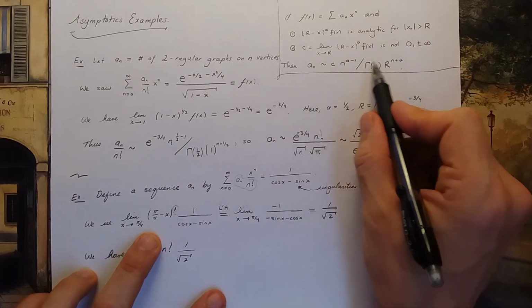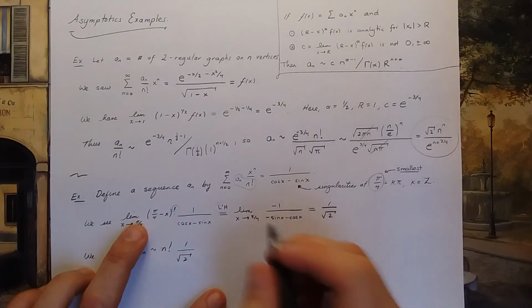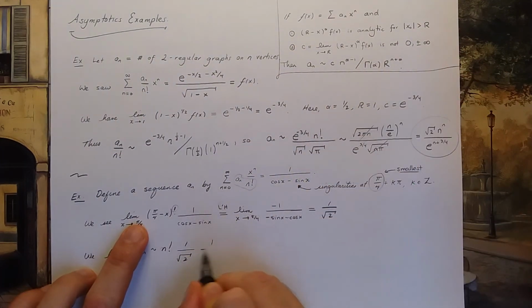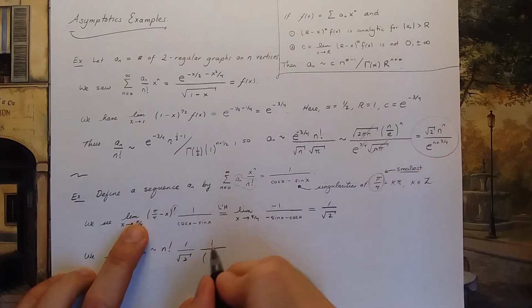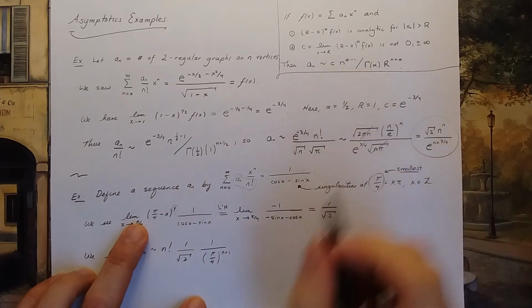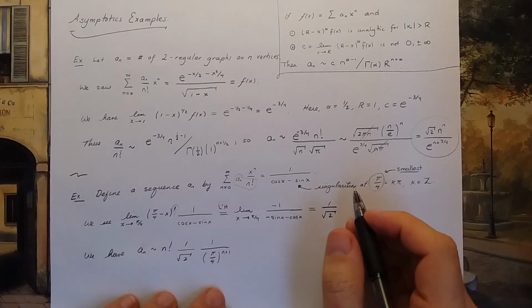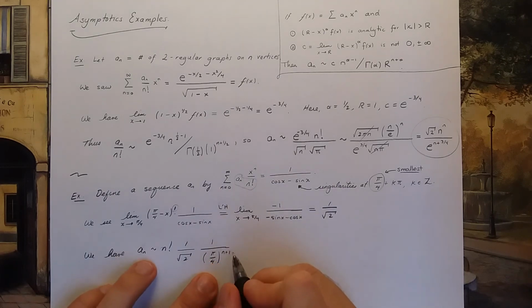I'm dividing by gamma of 1. Gamma of 1 is equal to 1. And I'm also dividing by 1 over the r, which in this case is pi over 4, to the n plus 1 power. And there is my asymptotic formula for the coefficients, an.